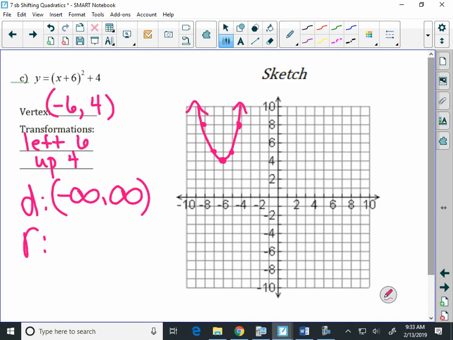We have a low point in this case. It's at 4, and then our graph is going to continue to go up and up. So it's going to be 4 to infinity. Infinity always has a parenthesis. Because the 4 is on the graph, we're going to have a bracket. I know we didn't ask for that, but I want that to stay in your mind, the domain and the range.